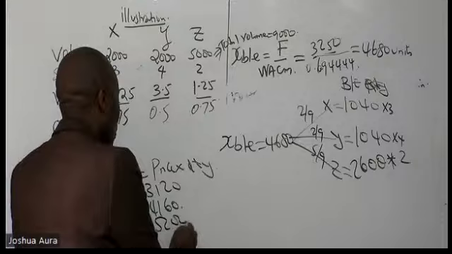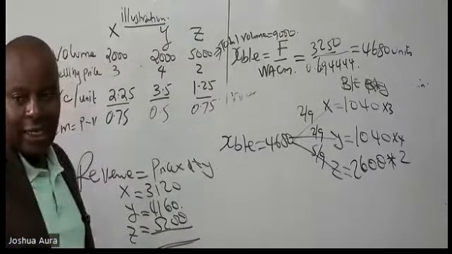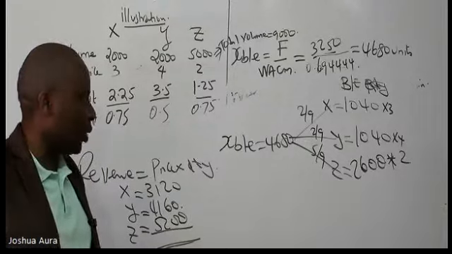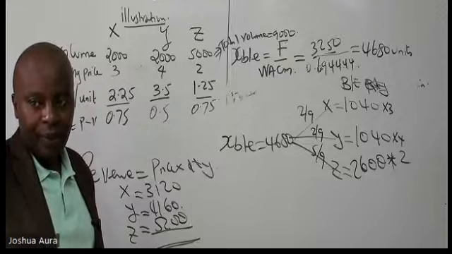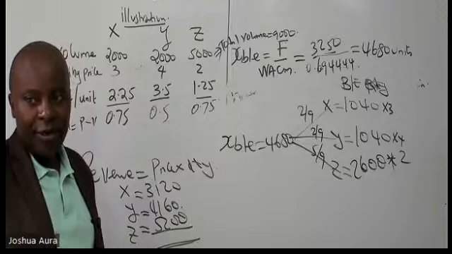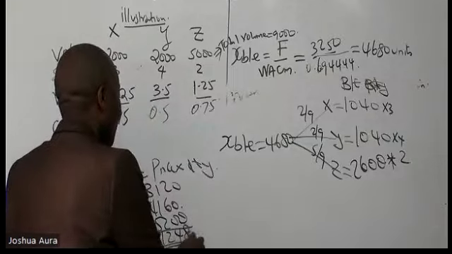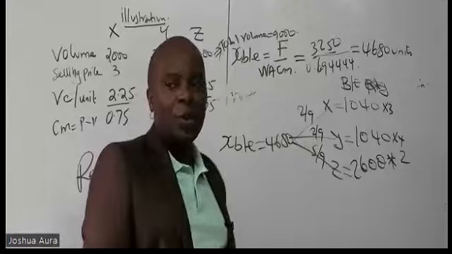So the total will end up giving me what figure now? Please add the three. If you add the three, what shall you end up getting at the end of the day? 12,480. You have fully answered part 1 of this question.